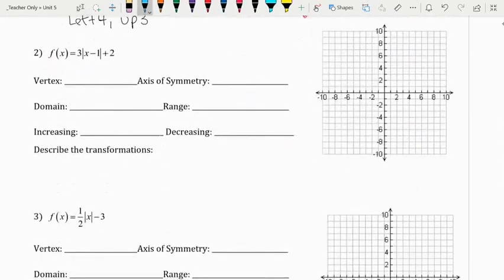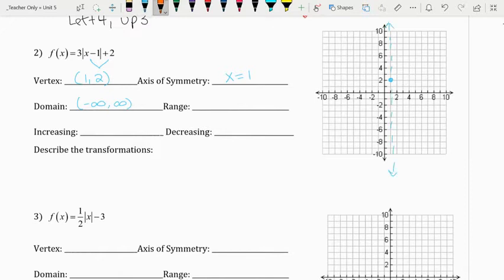In number 2, we take out the vertex, 1, 2, which means that our axis of symmetry is at x equals 1. You can also automatically fill in the domain because that's what it's always going to be. 1, 2 is my vertex, and my axis of symmetry is right through it.